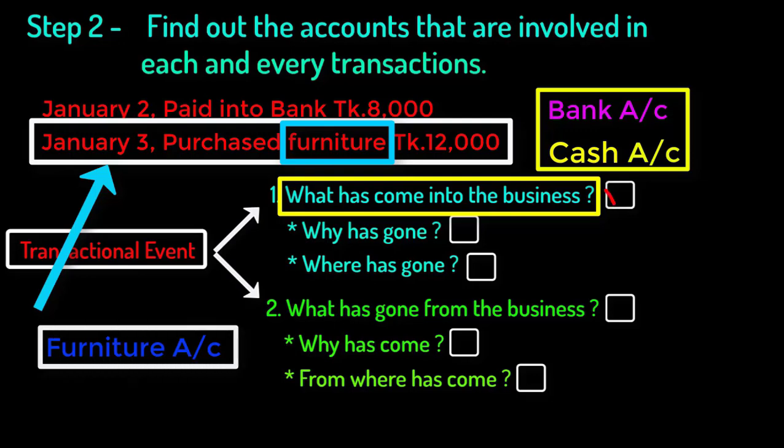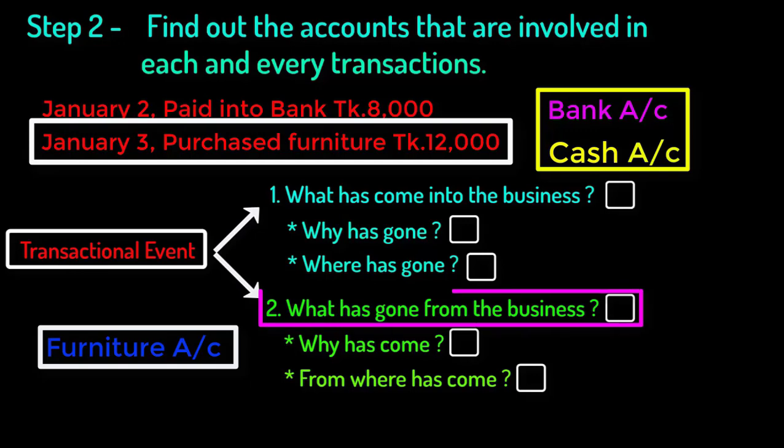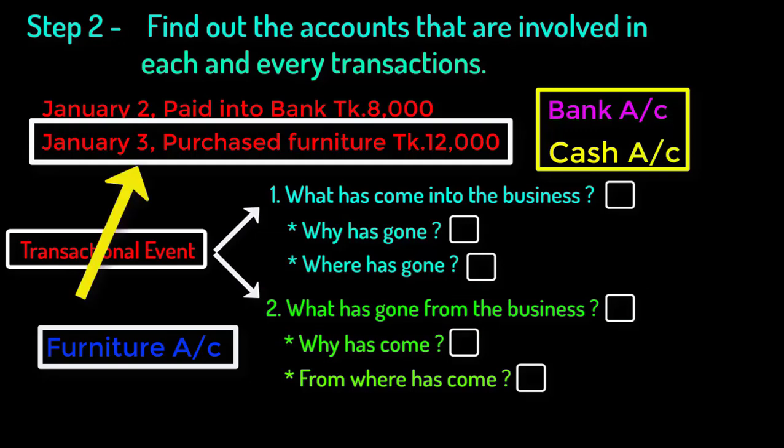As you have got the answer of this question, is it necessary to know the answer of these two questions? No. So ask yourself this question now. What has gone from the business? The answer is cash, isn't it? So you have got the other account that is involved in this transaction, and that is cash account.